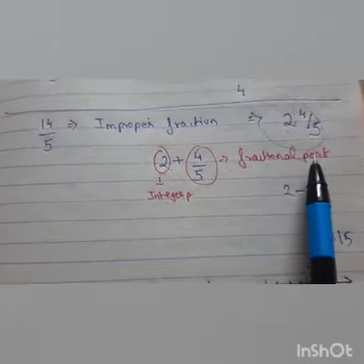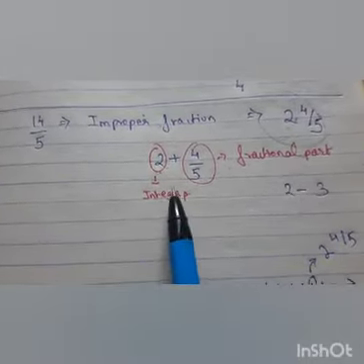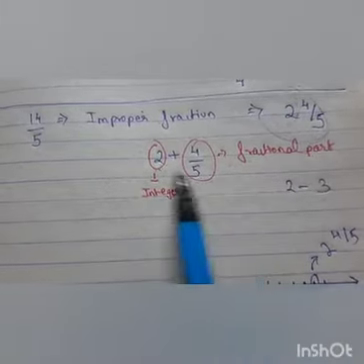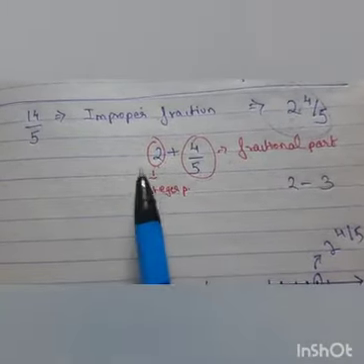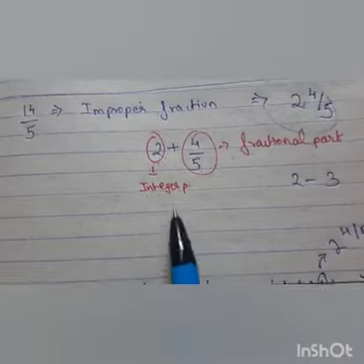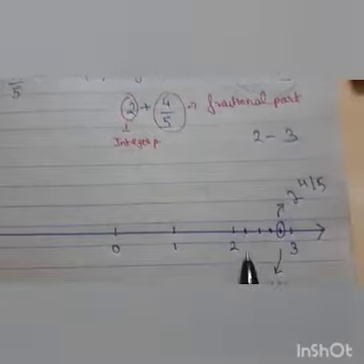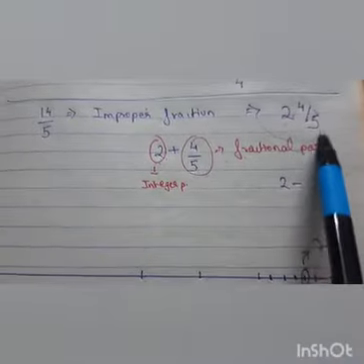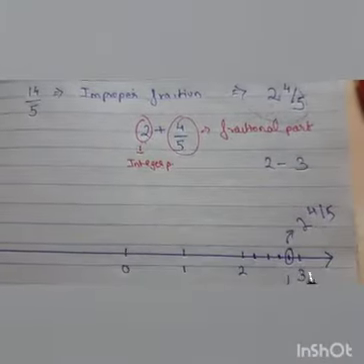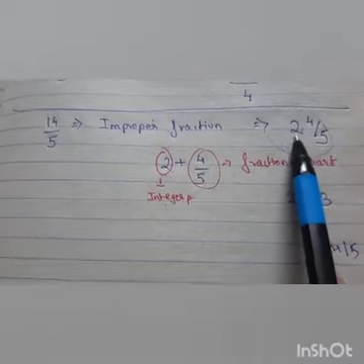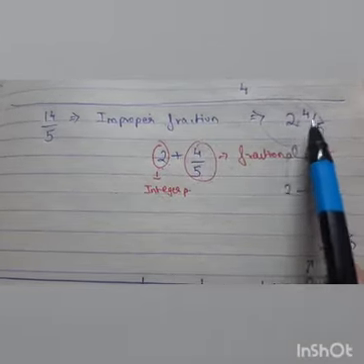On converting it into a mixed fraction, we always write like this: integer part plus fractional part, that is 2 plus 4/5. Why? To get the lower limit. Now since 2 is written here, while plotting, the value will lie between 2 and 3. If it would have been 4, the value would have been lying between 4 and 5.